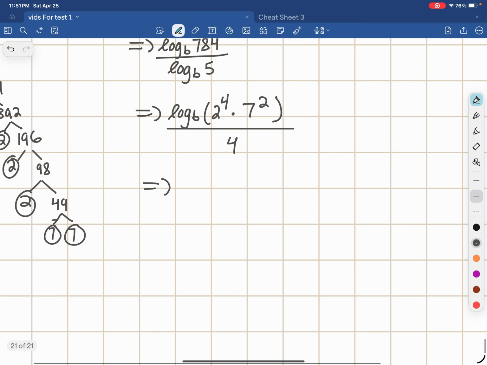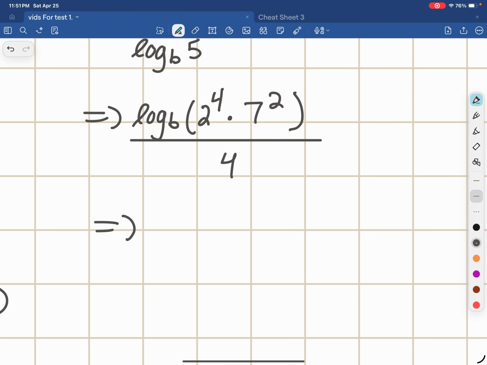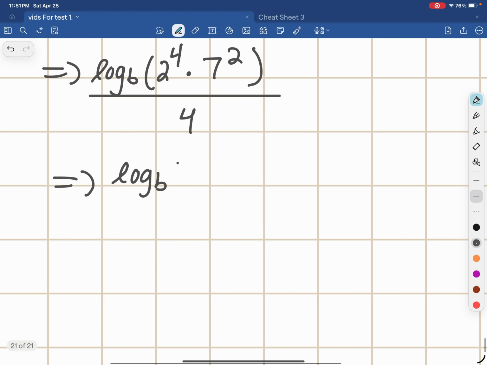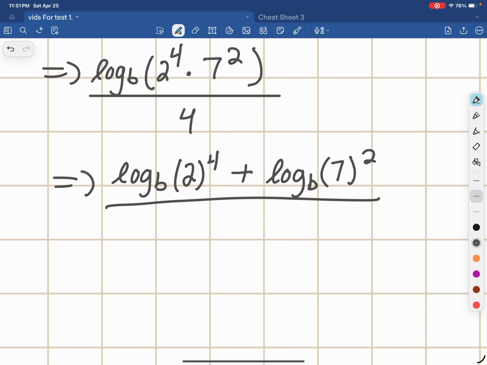So we obviously see 2 times 7, and we know there's a property where we can split that up into two different things, right? So we can have log base b of 2 to the 4th plus log base b of 7 to the 2nd, all over 4.